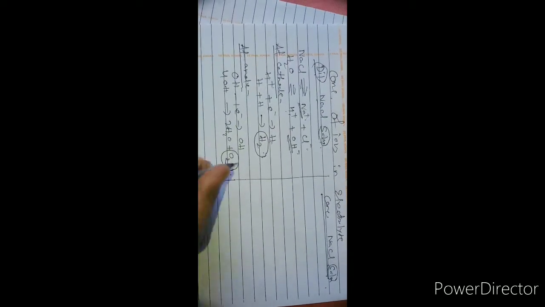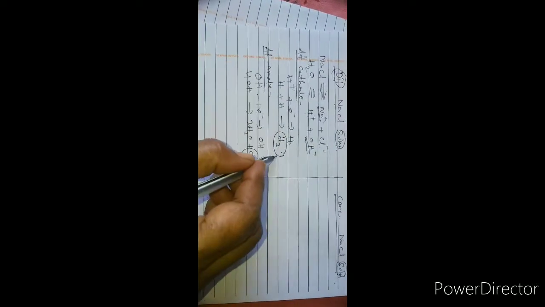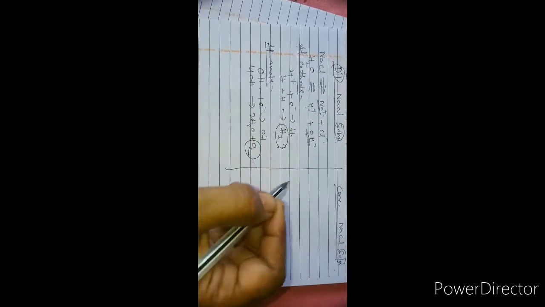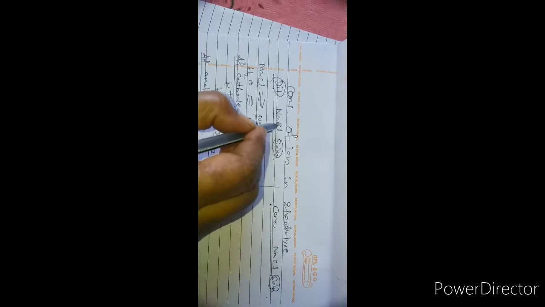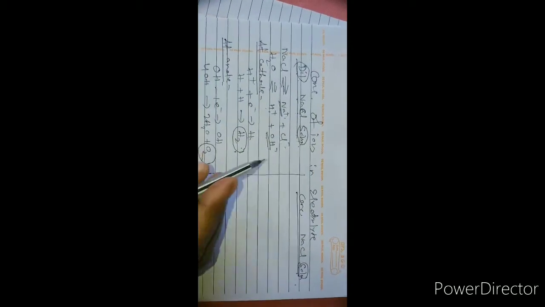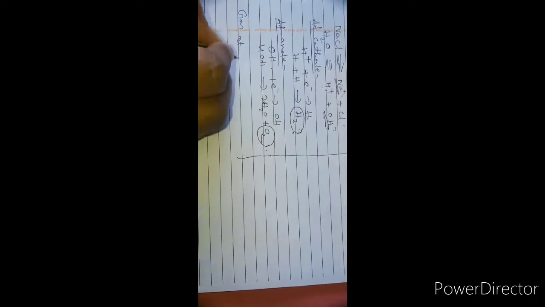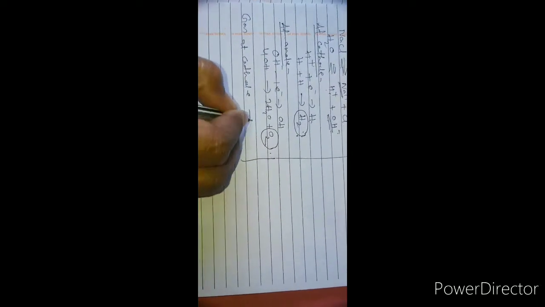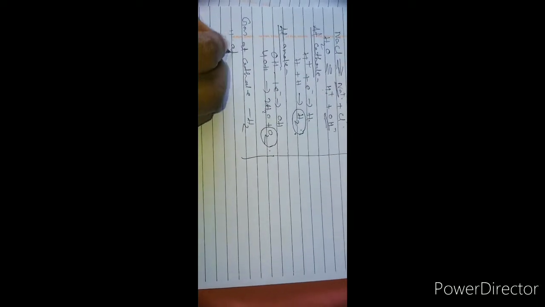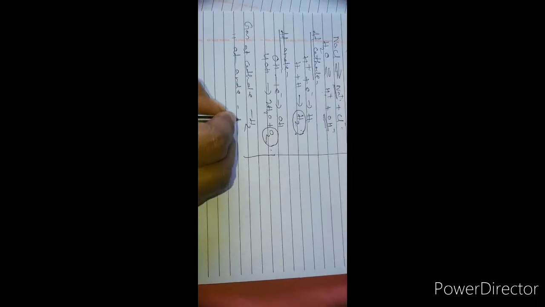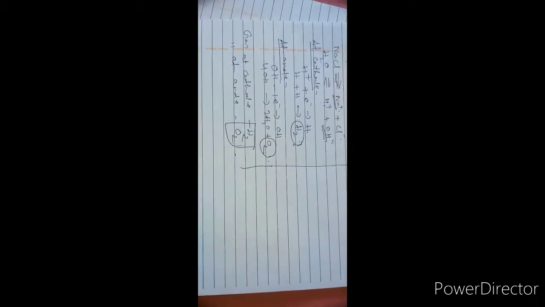A question can be asked: name the gas which is released at cathode and at anode during the electrolysis of dilute sodium chloride solution. Understood? The answer is: gas at cathode will be hydrogen, gas at anode will be oxygen. This one is important for us.